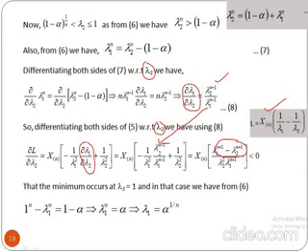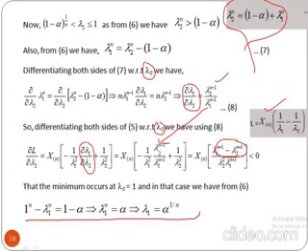If we put lambda 2 equal to 1 in equation number 6, then on simplification we get lambda 1 equal to alpha to the power 1 by n when lambda 2 is equal to 1.